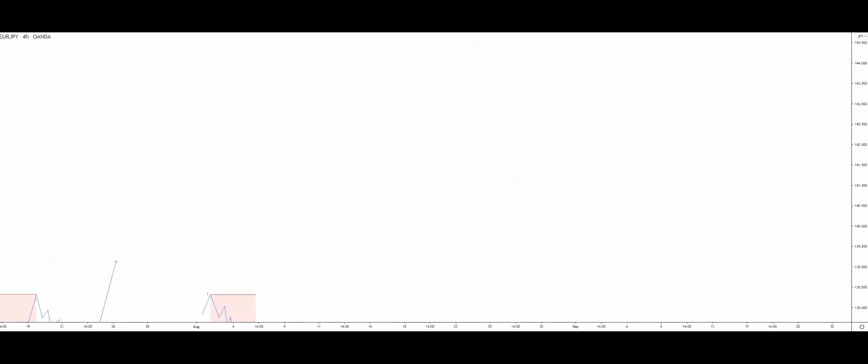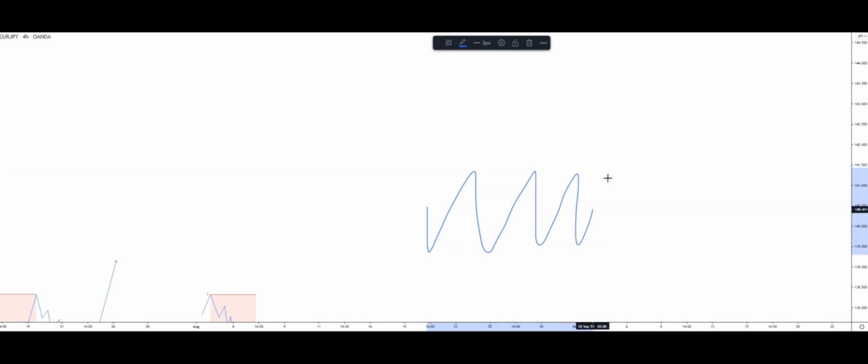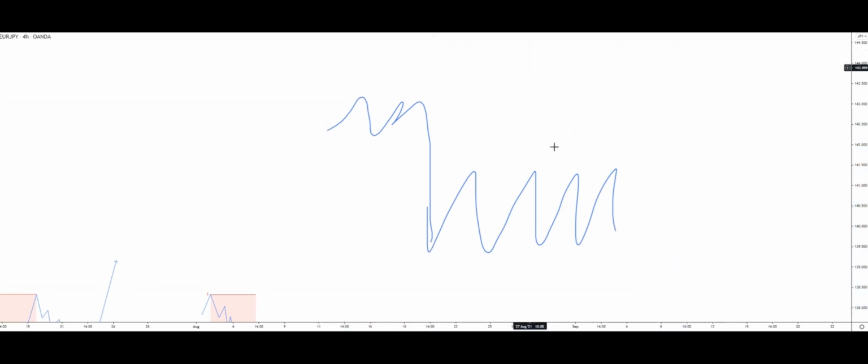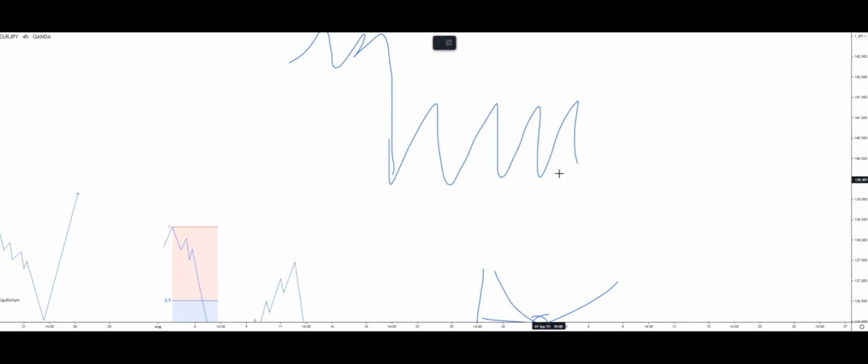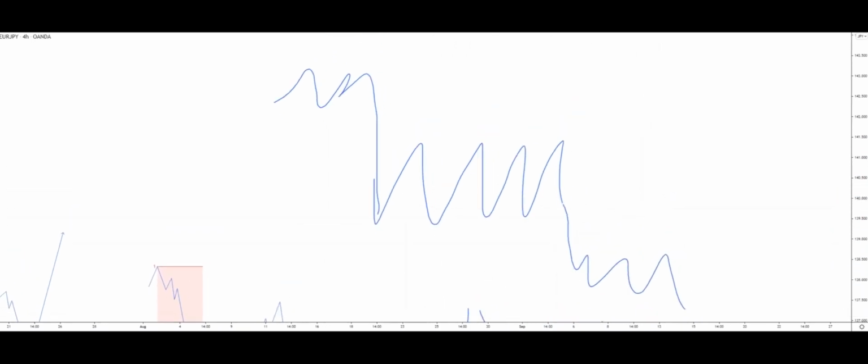So if price is just doing this, and say for example there's a high there, and a low over there, and a low over here, what we're going to do is draw up our zones.